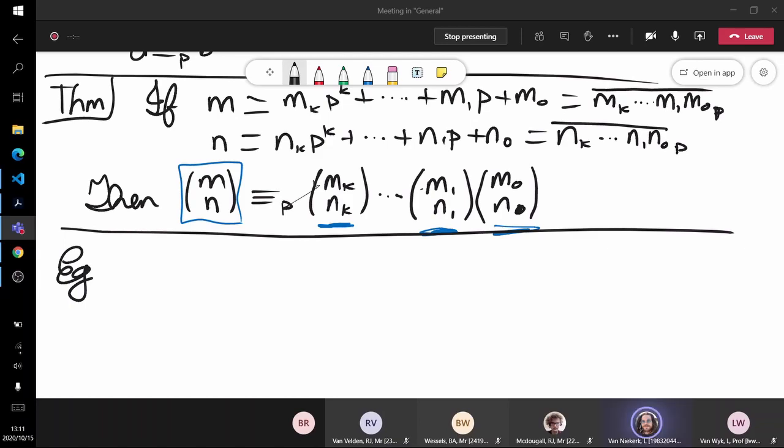Okay, a small prime. 17 and 33. Okay, so 33 choose 17. We want to know what that is modulo which prime. Shall we do 5? Yeah, let's do 5.